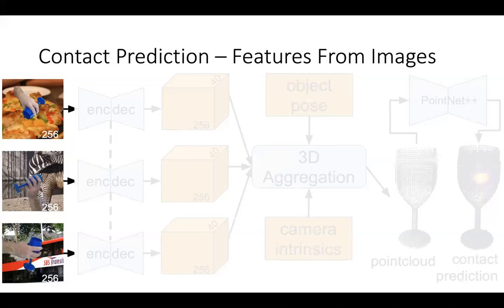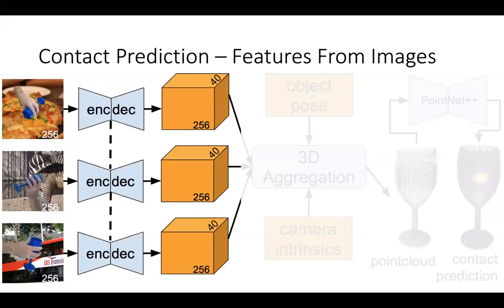And then we use UNet style encoder decoder convolutional neural networks to extract dense 40 dimensional per pixel features for each pixel in these images.